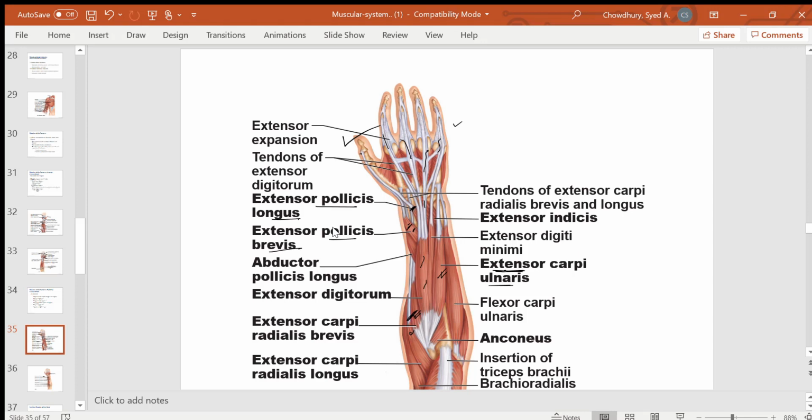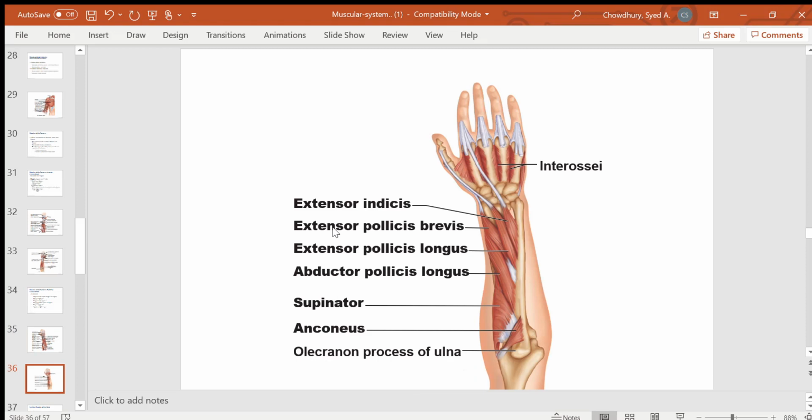And then abductor pollicis is another one. Here, if you remove those superficial muscles, you can see more clearly. Again, extensor pollicis longus. Why is it longest? You see this one is long, this one is short, brevis. Both tendons go to the back of the thumb.